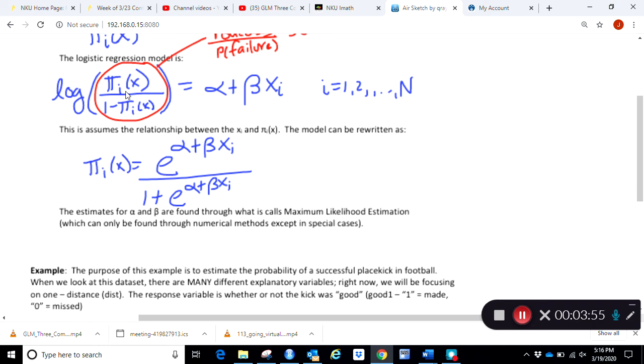So how we find alpha and beta, there are multiple methods that some people may do. What we do in logistic regression is we use what's called maximum likelihood estimation. So maximum likelihood estimation is not the point of our course, but a real quick explanation about it is it's really trying to find where your function will be maximized using a probability function.